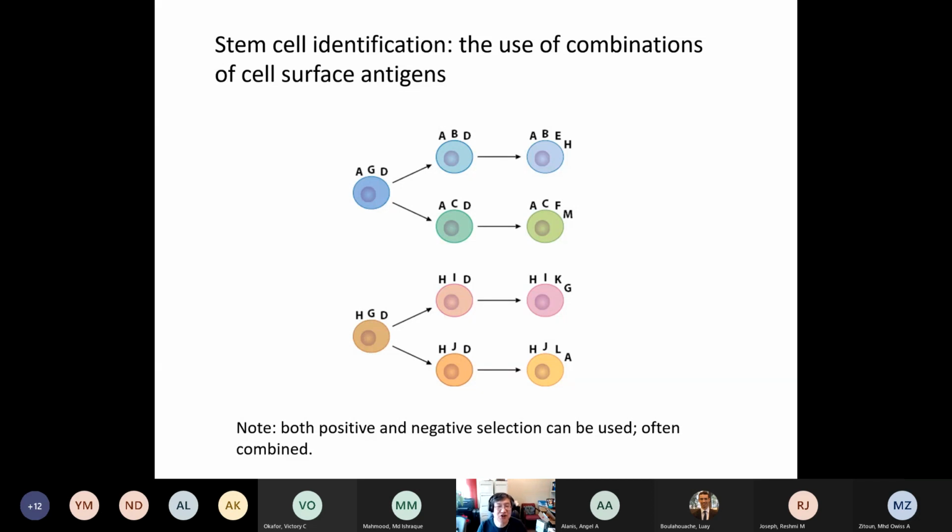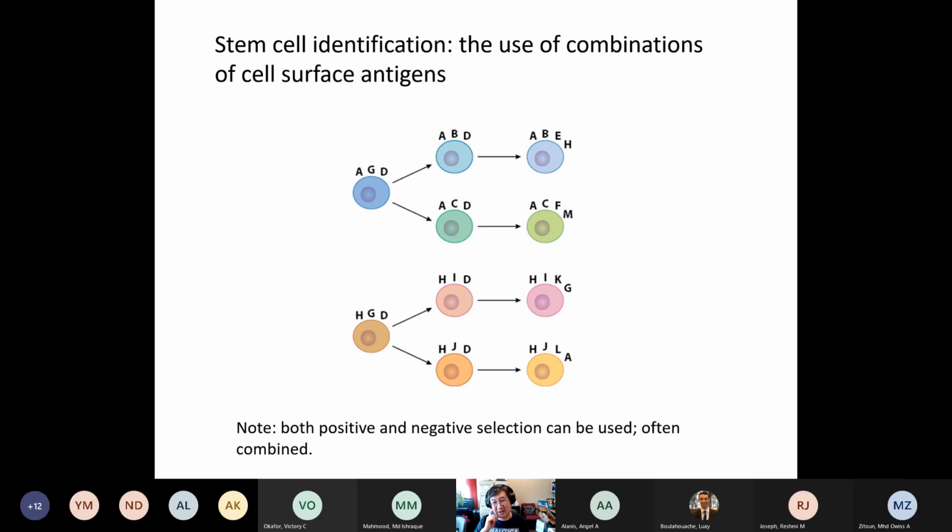The same for H. If you can detect A antigen on the cell surface, basically you can say you have the top cell lineage instead of the bottom cell lineage, because A is not expressed at all in the bottom cell lineage. So A will serve as a marker to distinguish the 2 cell types.